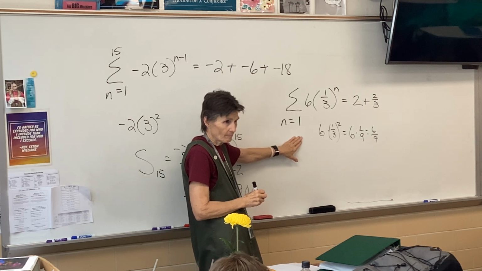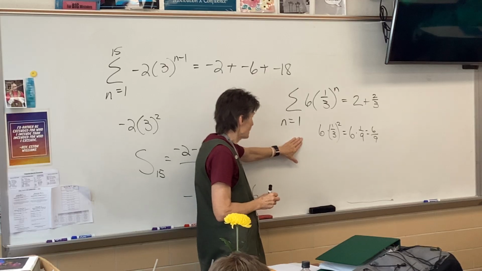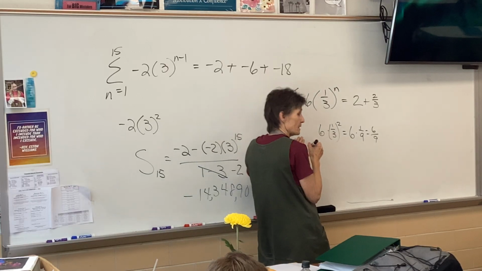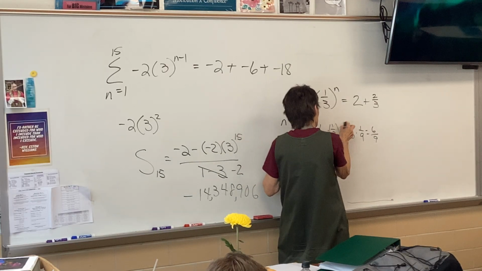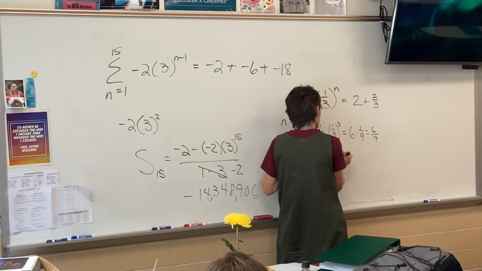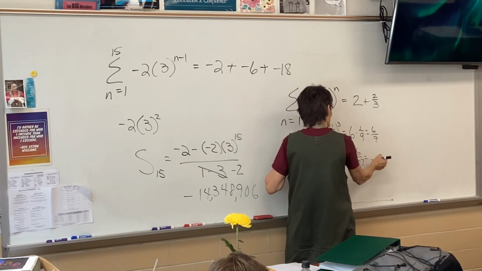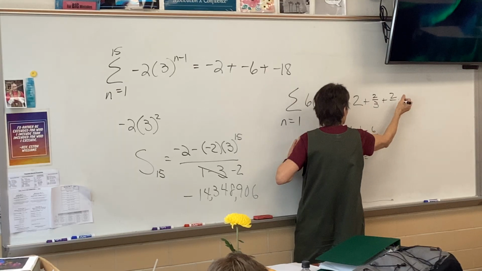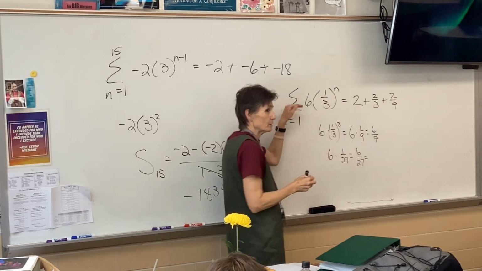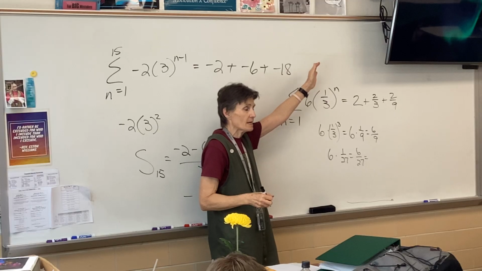Royce, you okay? Yeah. So I'm gonna plug in 3. So then I have 6 times 1/27, which is 2/9. Now, this could keep going as long as I wanna take it.